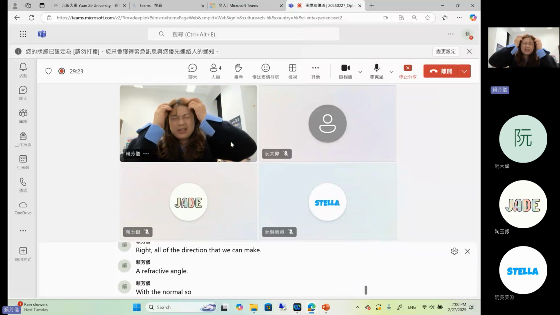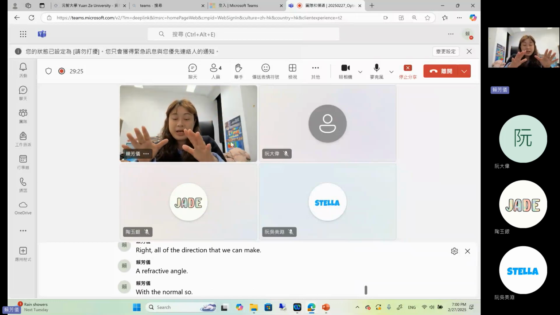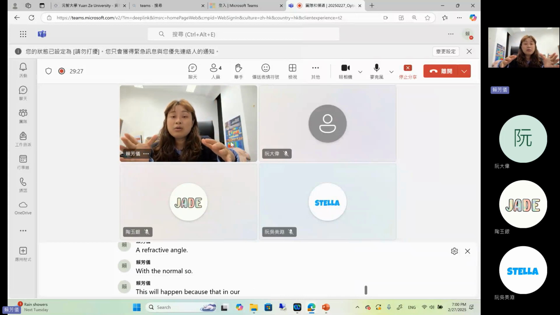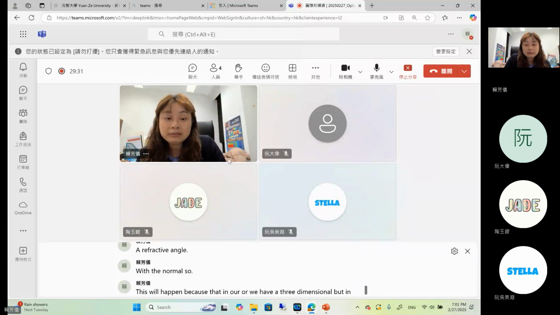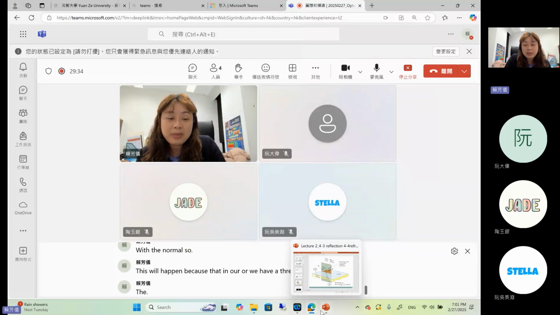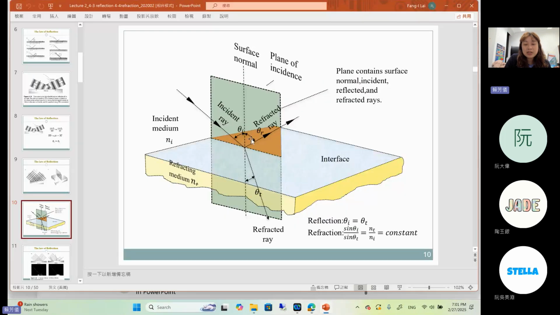This can happen because in our world we have three dimensions, but in the PowerPoint that you see here, it is a plane. So in the plane, we can easily know where the reflected ray will be.